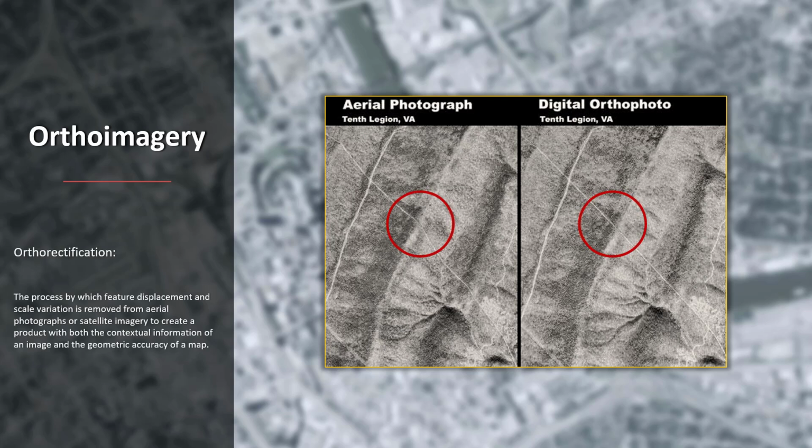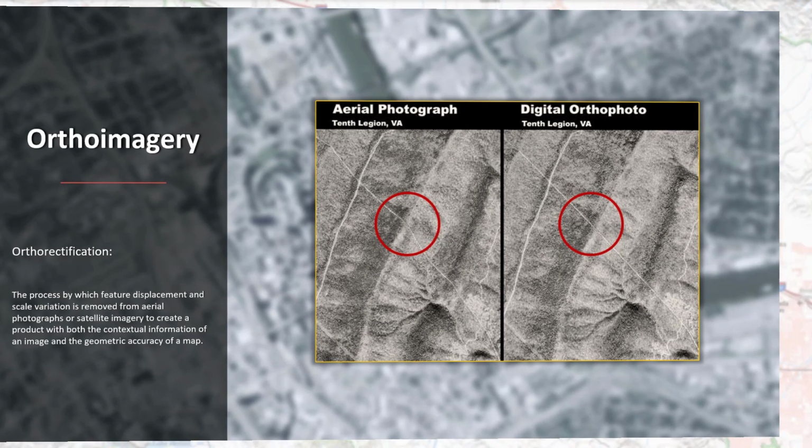The result is a combination of the image characteristics of an aerial photograph or satellite image and the geometric qualities of a planimetric map. These attributes allow users to measure distance, calculate area or direction, determine shapes of features, take accurate coordinates, identify land cover and use, perform change detection, and update maps.